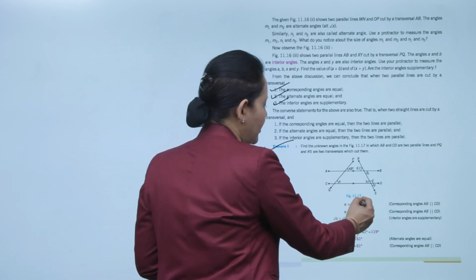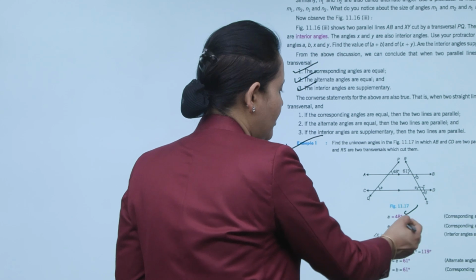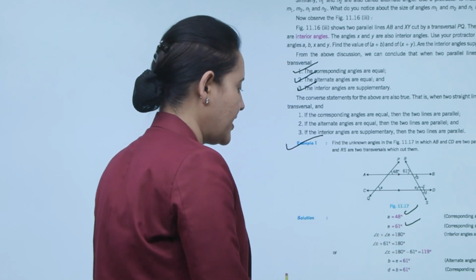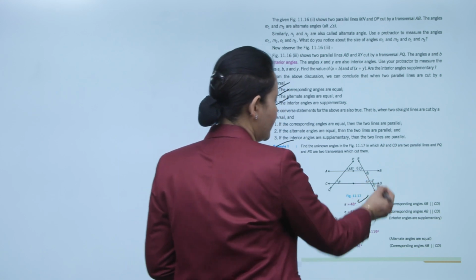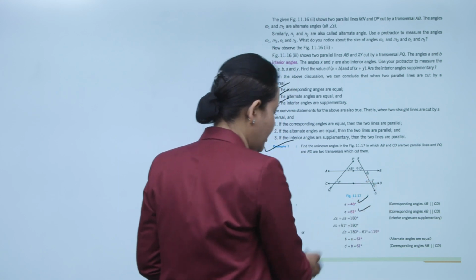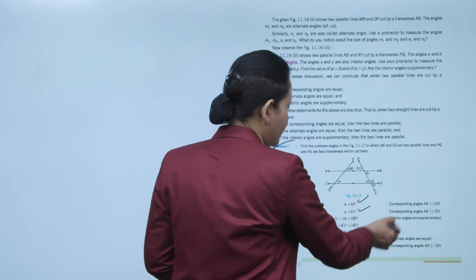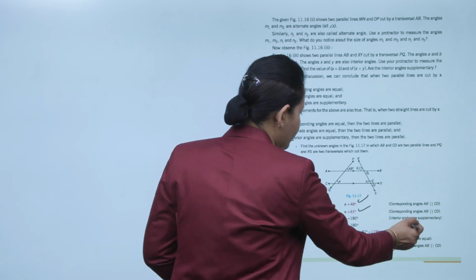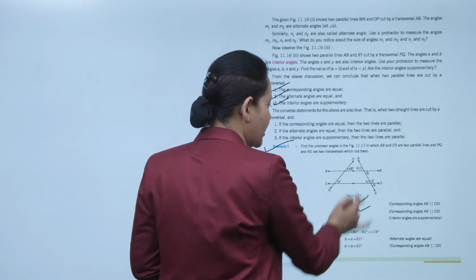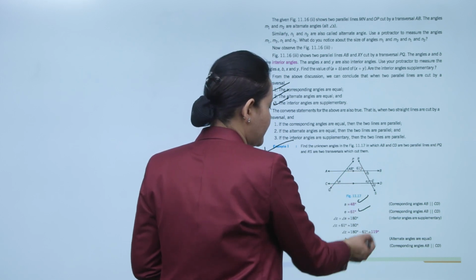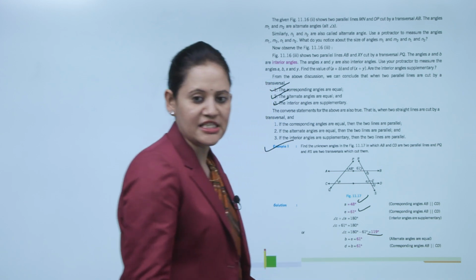So angle A would be 48 degrees and E would be 61 degrees. Clear? Here angle C and angle E add up to 180 degrees because they are a linear pair. Here they will be supplementary, 180 degrees. Then angle C equals 180 minus 61 degrees, that is 119 degrees.